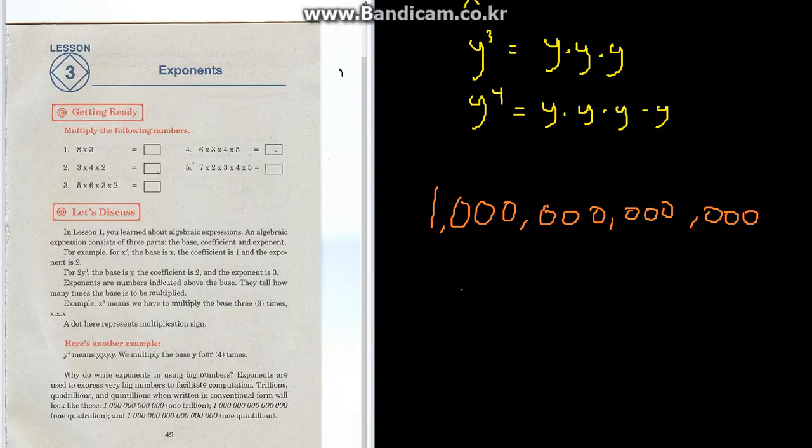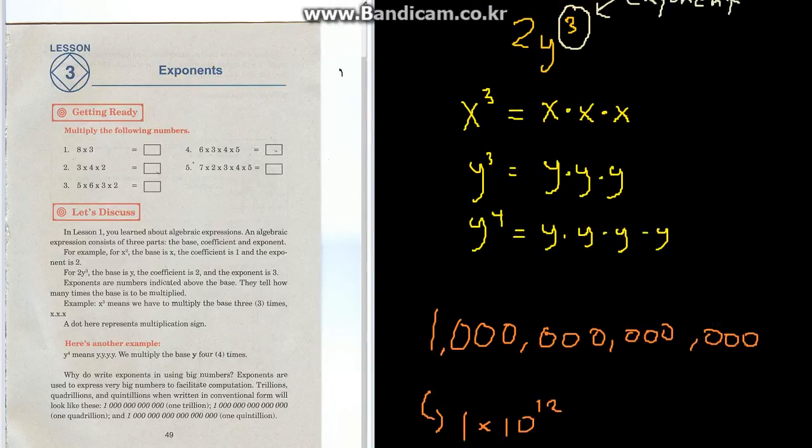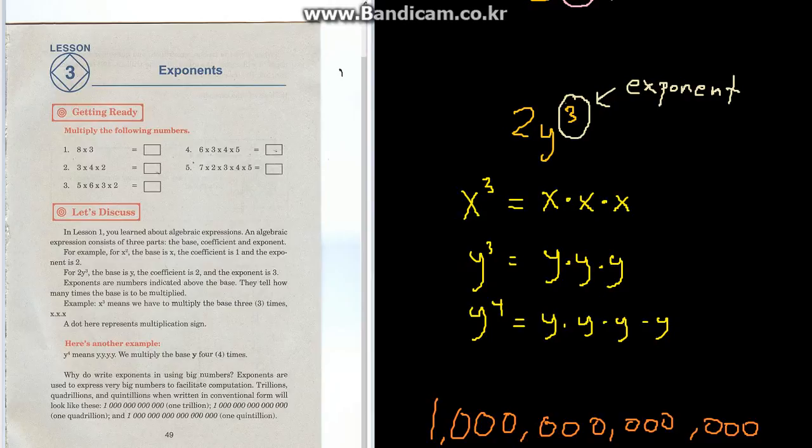We can just simply write it like 1 times 10 to the how many zeros? 12 zeros, right? So we can simply write this long number in a very short form by using exponents. Okay, so that's why we learn about exponents, and exponent is the number above the base.